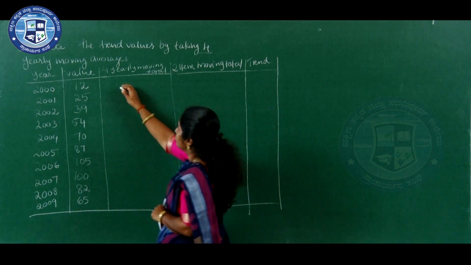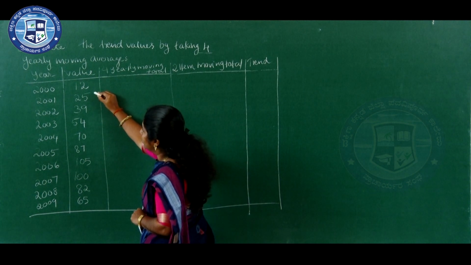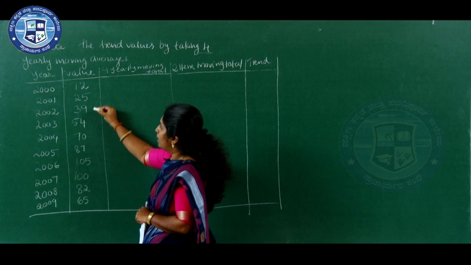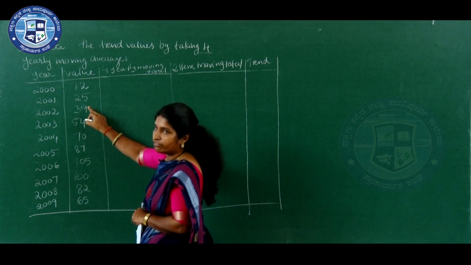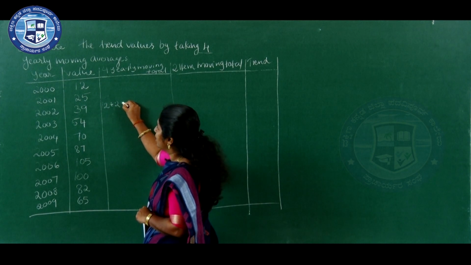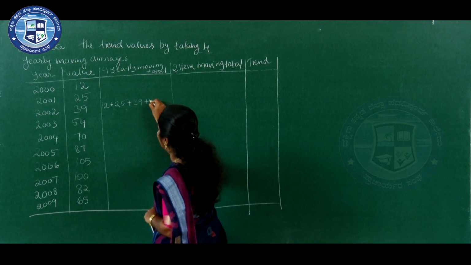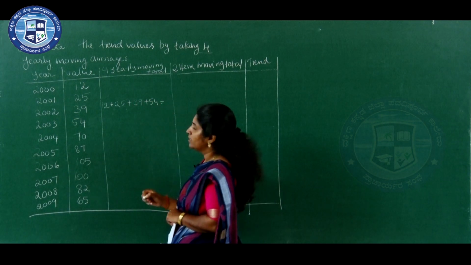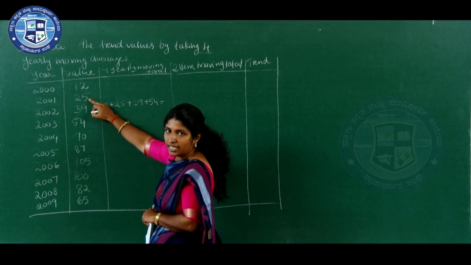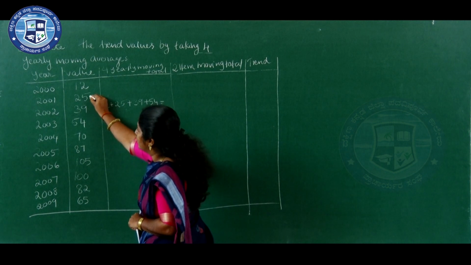First is the 4-yearly moving total, that means 12 plus 25 plus 39 plus 54. You have to write it in front of the third value. Find the answer, and take the next 4 values, that is 25 plus 39 plus 54 plus 70.